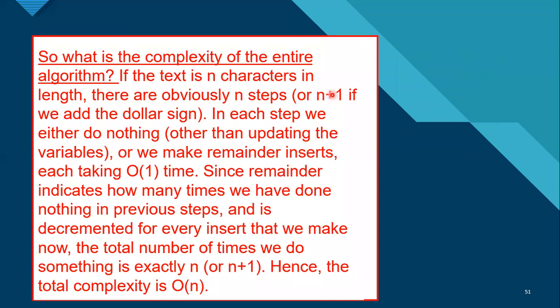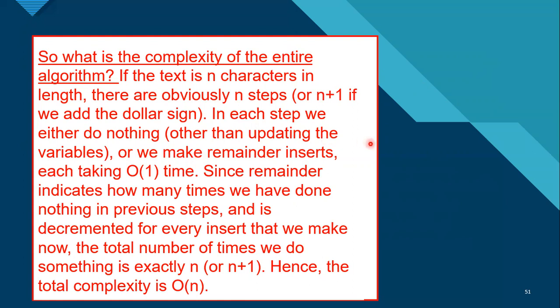So what's the complexity of the entire algorithm? If we have a text of n characters, we've obviously done n steps, or n+1 to be specific if we added the $ sign. And in each step, we either do nothing other than updating some variables, or we make remainder inserts.